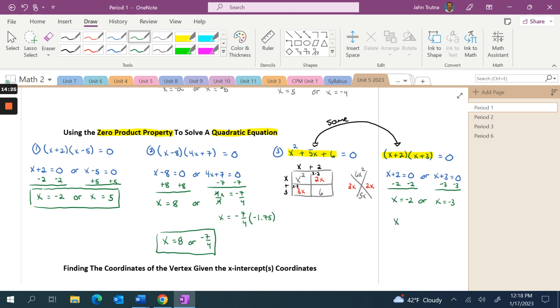Well, my answer is x is equal to negative 2 or negative 3, or both of them. If I plug them back into either one of my equations, that would make the equations true, and that would be equal to 0. So that's how we use the zero product property to solve a quadratic equation.